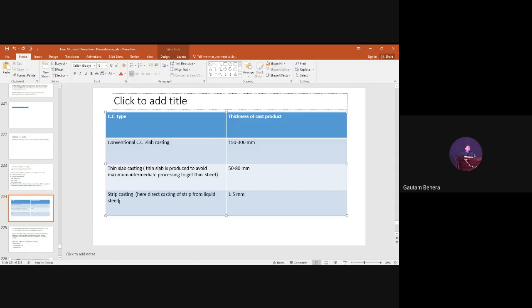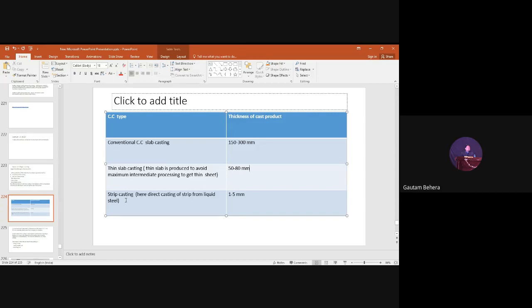And if you look into the strip casting, or sometimes it is called direct strip casting, the dimension of the strip which is obtained is only 1 to 5 mm. So you can see the difference here in the thickness of the cast product. Thickness is maximum in the conventional route, but in the new route, that is thin slab casting, it is decreased to this much.